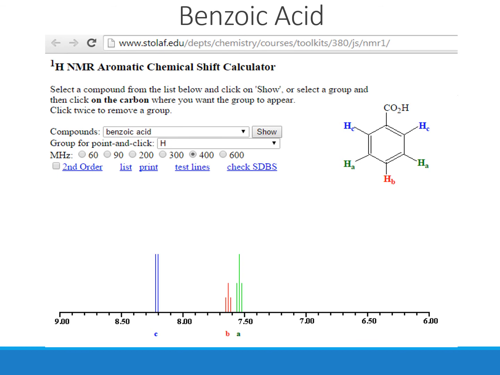But I don't know why the spectrum only appears for aromatic hydrogens. There has to be another spectrum.